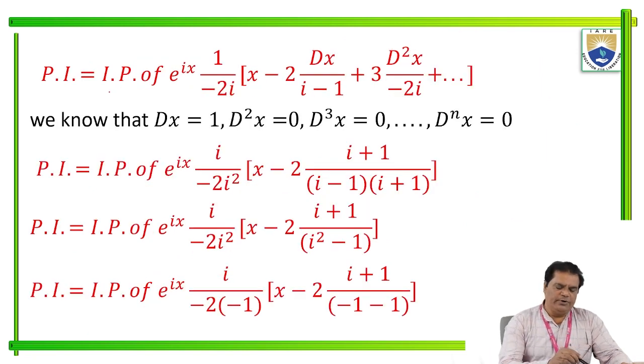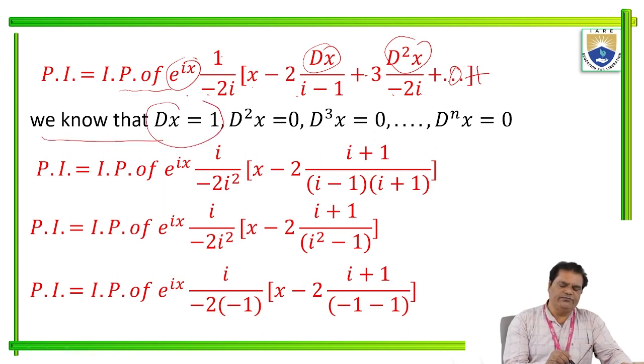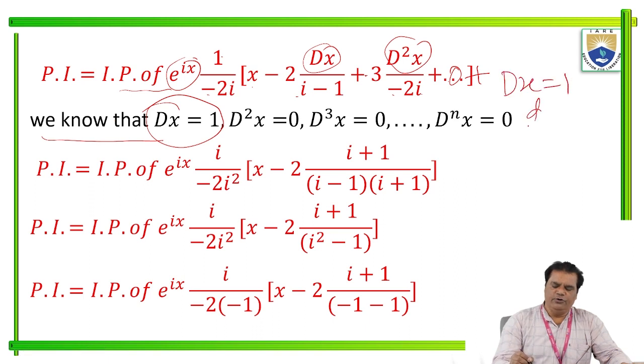So P.I. equal to I.P. of e to the power ix, 1 upon minus 2i, x minus 2 Dx upon i minus 1 and plus 3 D square x upon minus 2i, plus other terms are 0. Now we know that here Dx is 1. d over dx of x is 1.